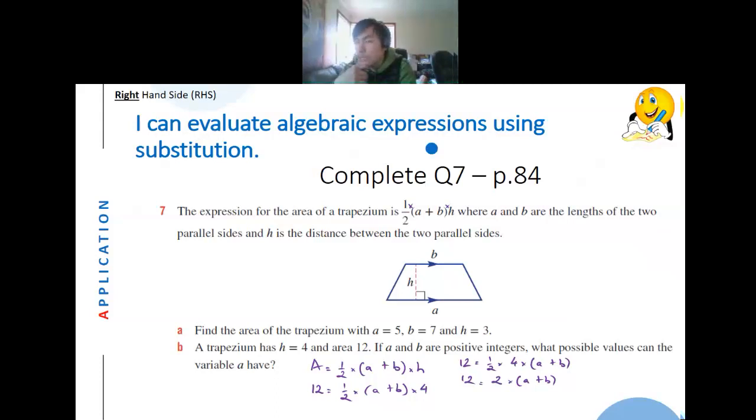So basically what we're doing here is looking for the values for A and B that would add up to 6. I hope that this helps you with question 7. And then you just have to work out what numbers A and B can be for them to add up to 6. All right, so I'm going to stop the video here.